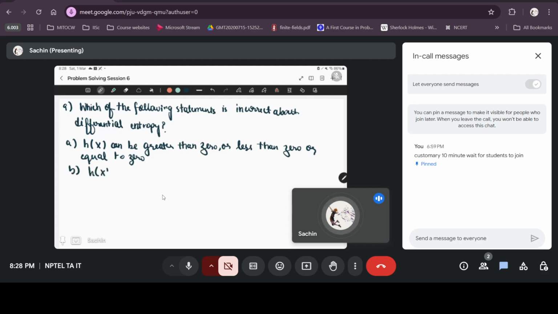B. H of x given y is less than or equal to h of x. C. H of x1, x2, etc., xn is greater than or equal to h of x1 plus h of x2 plus etc. plus h of xn. D. None of the above.